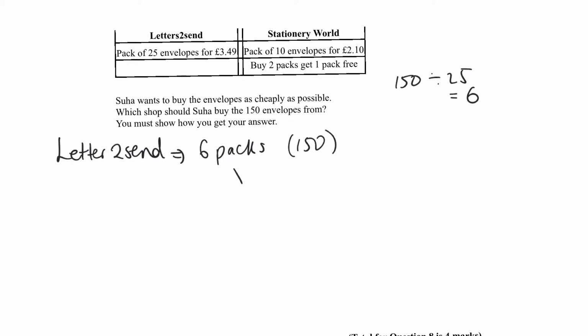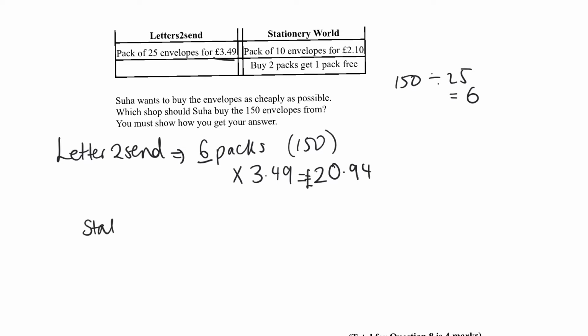So if 1 pack is £3.49, to work out the price of 6 packs, you need to do 6 times 3.49, which is 20.94. Okay, so we know that's how much it costs for Letters to Send.